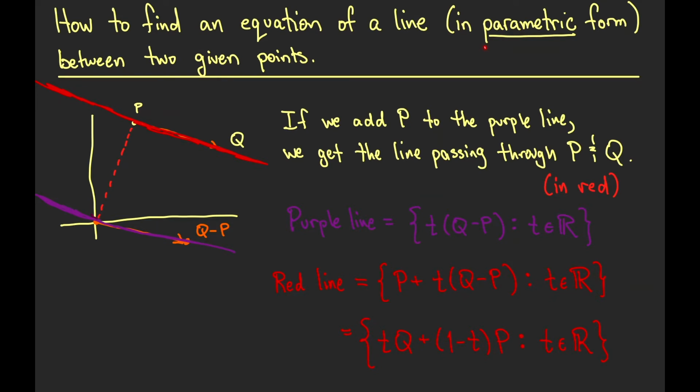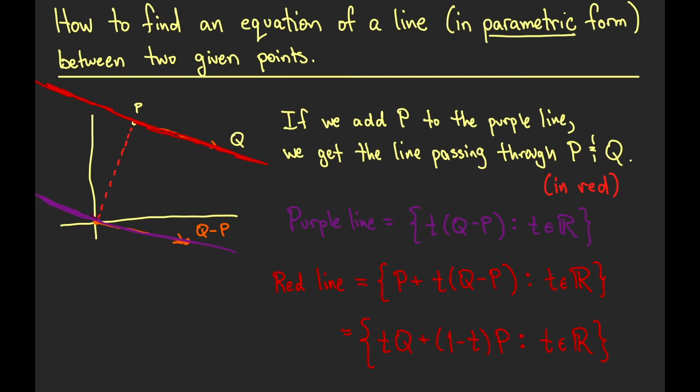Okay, let's summarize this. To find an equation of a line in parametric form between 2 given points, P and Q, we first find the vector Q minus P. If we look at all scalar multiples of that vector Q minus P, then we get this purple line here.